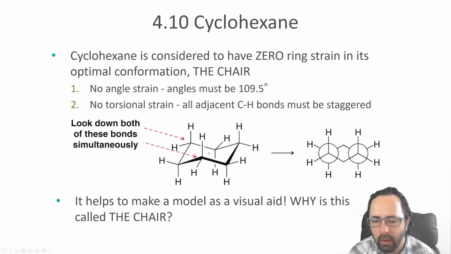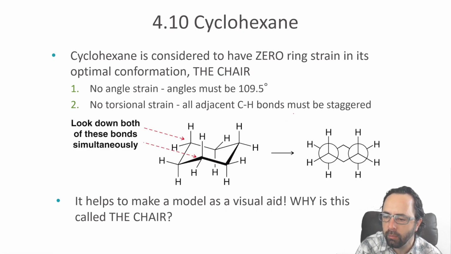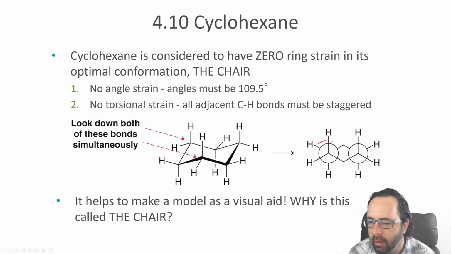Also, if we look at this with a Newman projection, we will see that all the hydrogens are in what we call a staggered formation, whereas the alternative here would be an eclipsed formation, which is a high energy formation because the hydrogens are in the same plane here, and we have some interaction between the electrons in their bond that repels them.